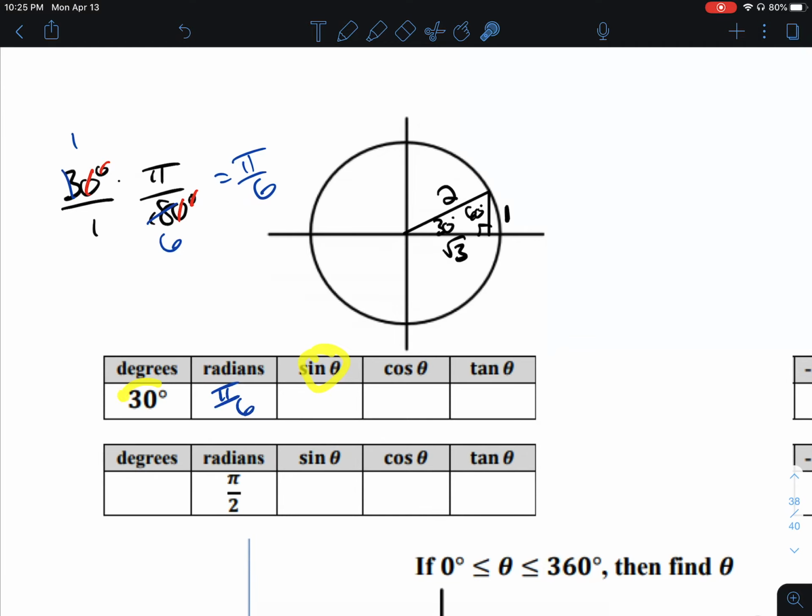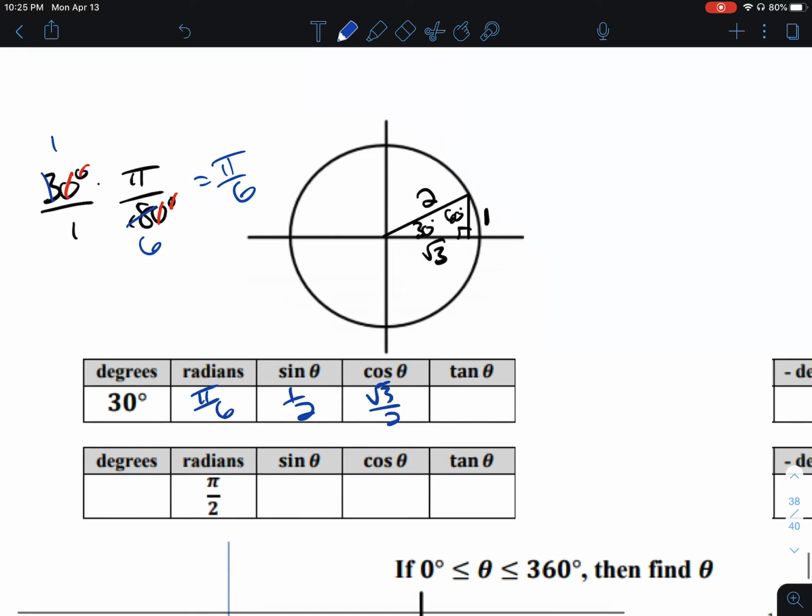What is sine of 30 degrees? Well, sine is the y over r. It's opposite leg over hypotenuse, so that's 1/2. Cosine is the adjacent leg over hypotenuse, x over r, square root of 3 over 2. Tangent is a little more complicated.